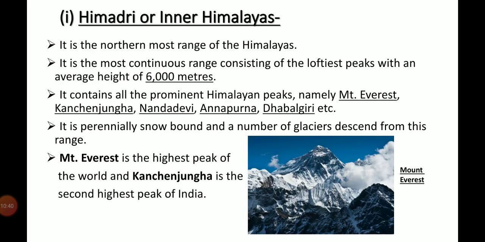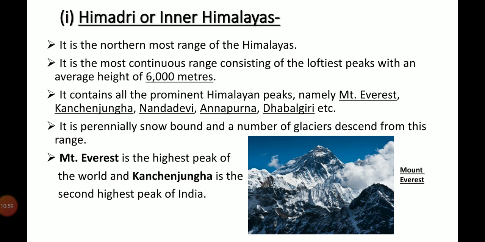First one, Himadri or Inner Himalayas. It is the northernmost range of the Himalayas, and it is the most continuous range, consisting of the loftiest peaks with an average height of 6,000 meters.